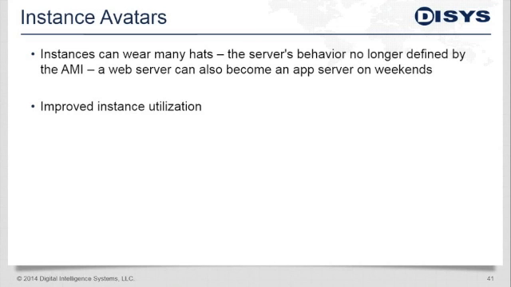With this, with fewer changes or additional recipes, an existing web server today can also become an app server on weekends. Simply, there can be a schedule which pushes up newer recipes, which would dictate the instance to be an app server.